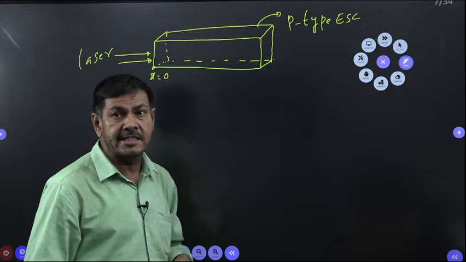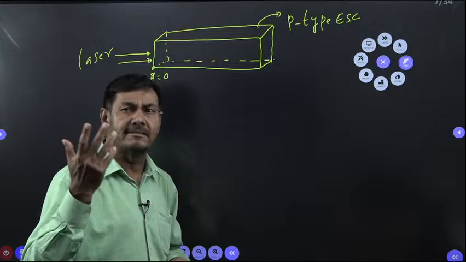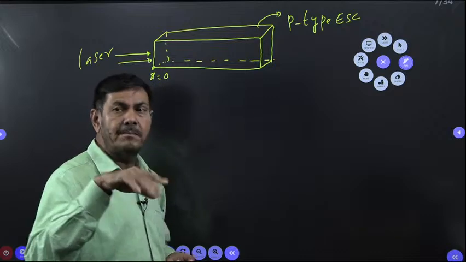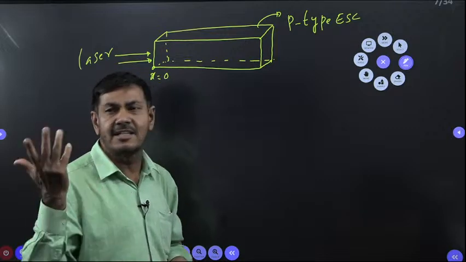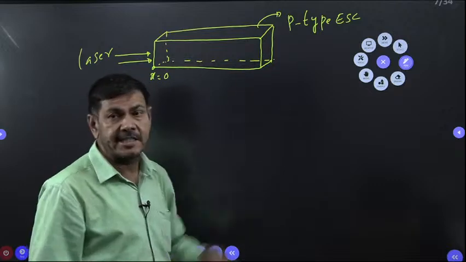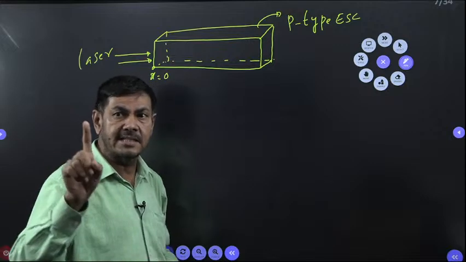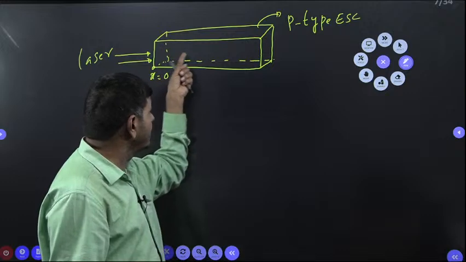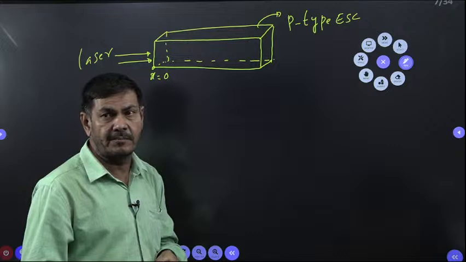Already the p-type extrinsic semiconductor contains the majority carriers, the holes, in large number. Because of the illumination, the number of extra holes is negligible. It is not a big amount. But the p-type extrinsic semiconductor has minority carrier electrons N0. Because of this laser light, what happened now? A certain number of electrons are also generated now.